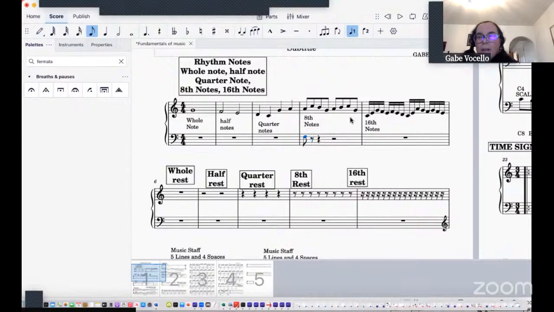When you connect more, you can add this bar line here that will indicate the number of colchetes or flags. Just have one. A 16th note has a closed circle, a stem, and 2 flags or 2 colchetes.